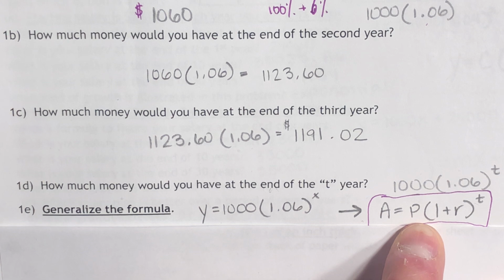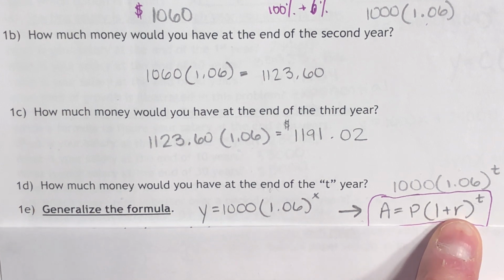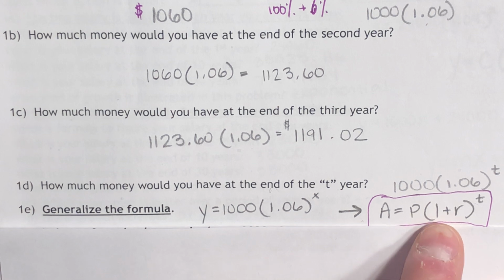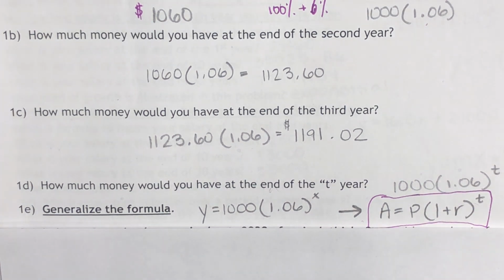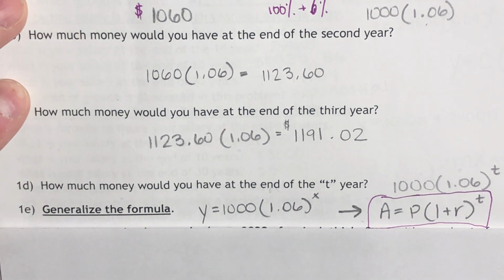The principal stands for the money that you're putting into the bank, times 1 plus whatever the rate is. That's why when it was 106%, it was 1 plus 6%, which is 0.06 as a decimal. So 1.06 raised to the T. All right? So that's a formula that we need to get memorized. The amount equals principal times parentheses 1 plus R raised to the T.